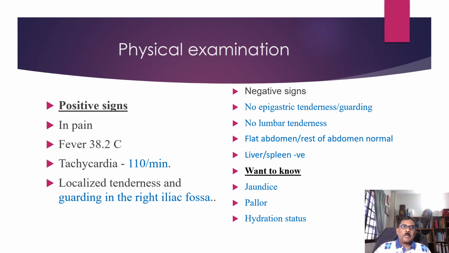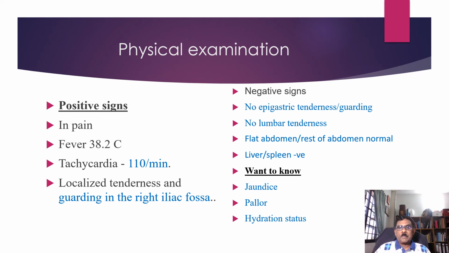Again, after the physical examination, we have listed down here the positive signs: patient in pain, fever, tachycardia, localized tenderness in the right iliac fossa, and guarding in the right iliac fossa. Negative signs were no epigastric tenderness or guarding, no lumbar tenderness, flat abdomen, rest of the abdomen was normal.